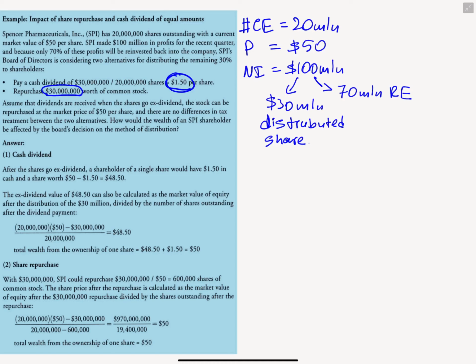With the cash dividend of $1.5 per share, the number of common shares will not change. The difference between them is that in a cash dividend, the number of shares will not change, but when repurchasing, the number of shares will fall.